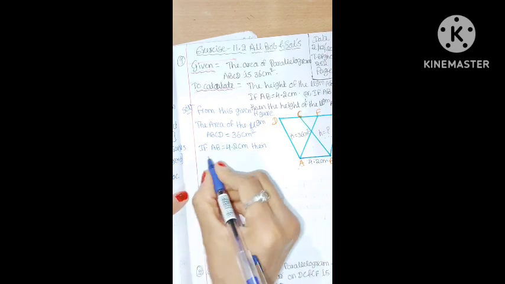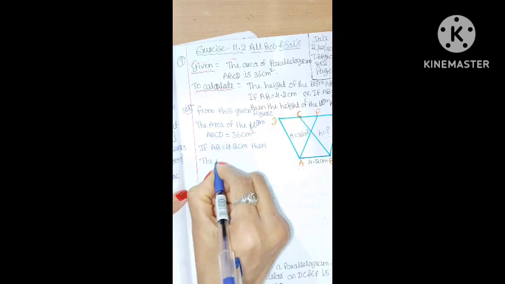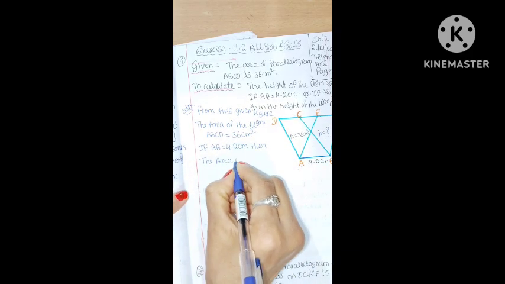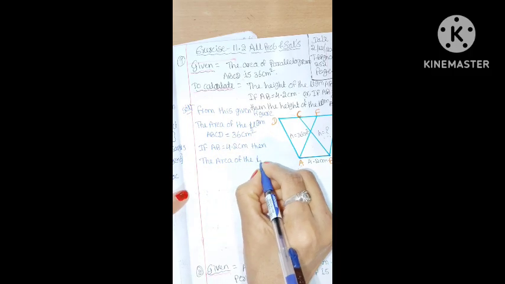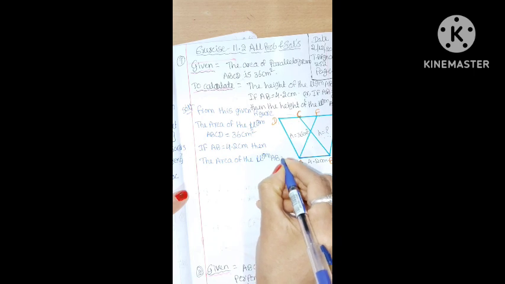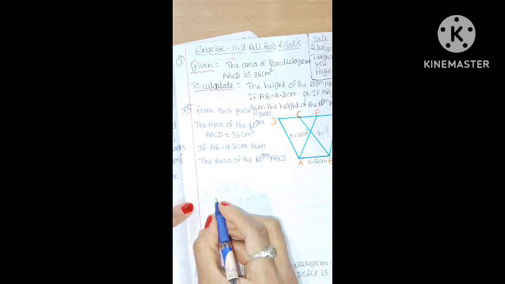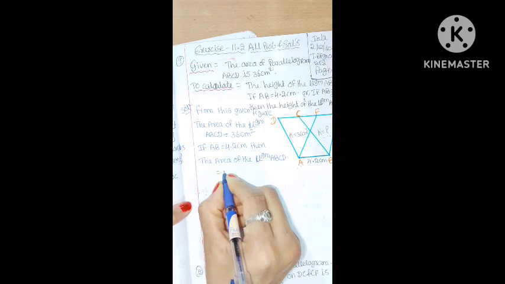So if AB equals 4.2 centimeters, then the area of the parallelogram ABCD. We know that formula. What's the formula?